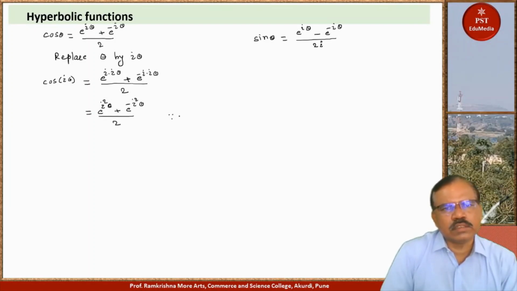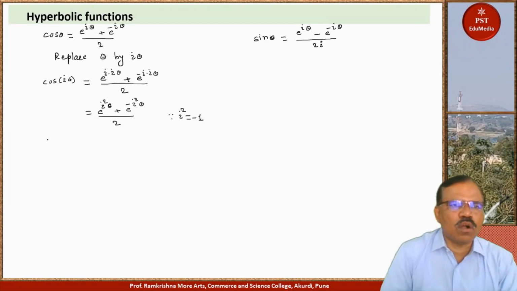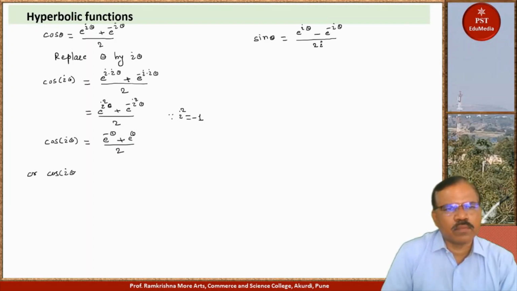Now since i square is equal to minus 1, we'll get cos i theta is equal to e raised to minus theta plus e raised to theta upon 2, or cos i theta is equal to e raised to theta plus e raised to minus theta upon 2.